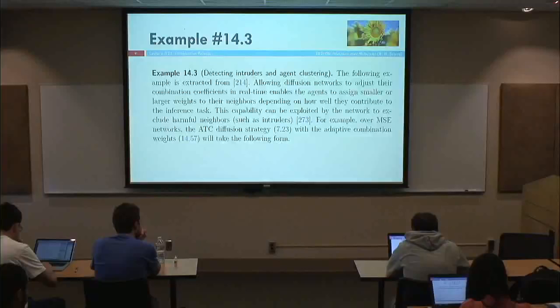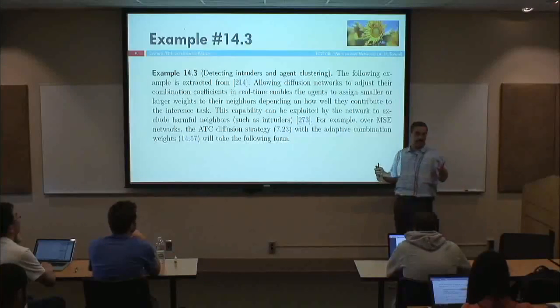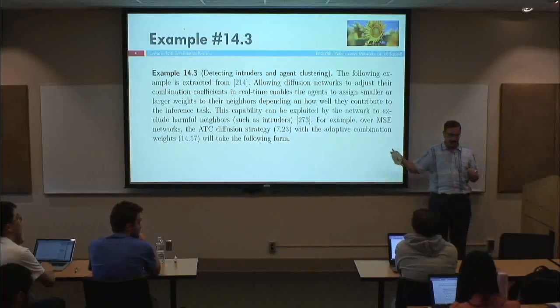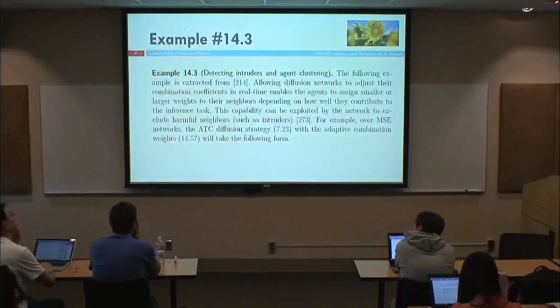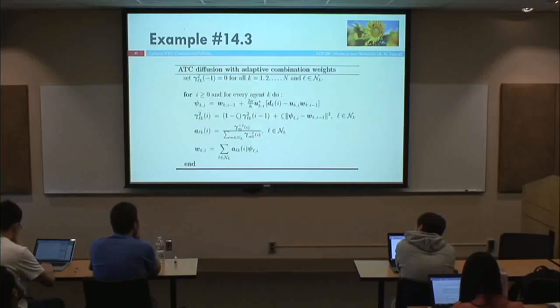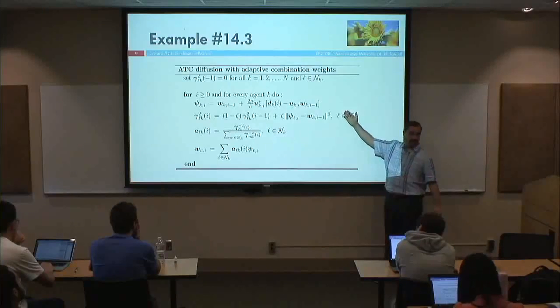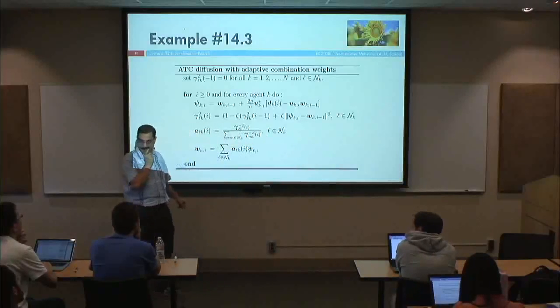Now, you can use ideas like this to solve problems of the following form, and I know one of your groups will be talking more about this during the class project presentations, okay? So, one idea is to do the following. Here I have a mean-square error network, running diffusion LMS, right?